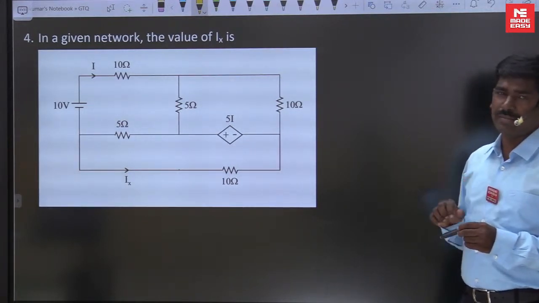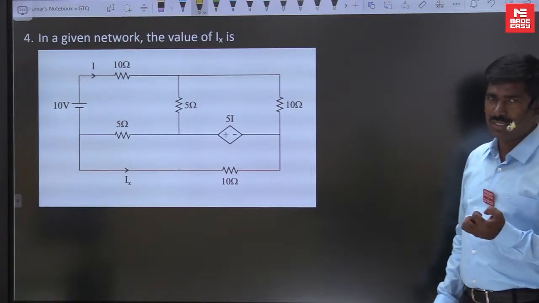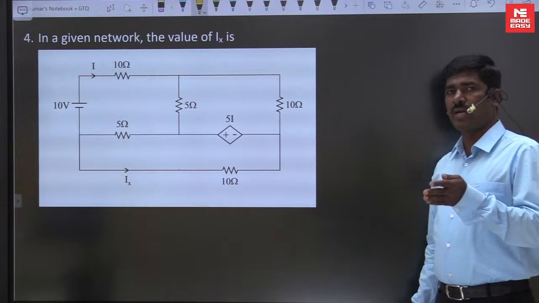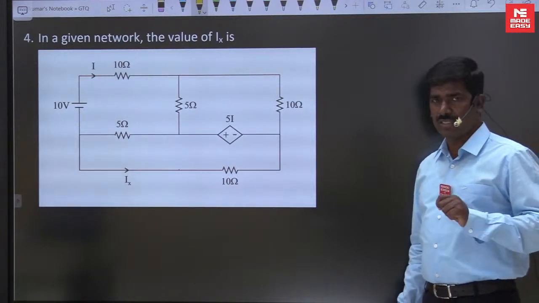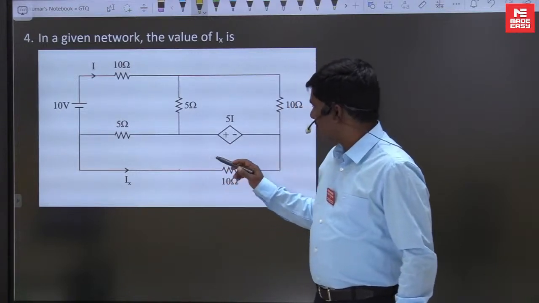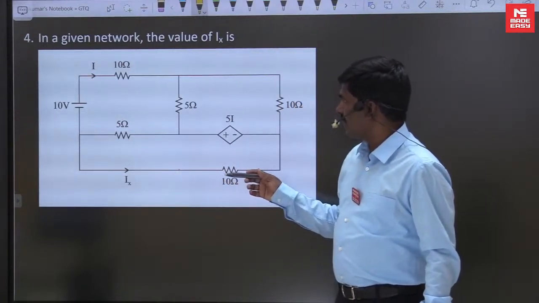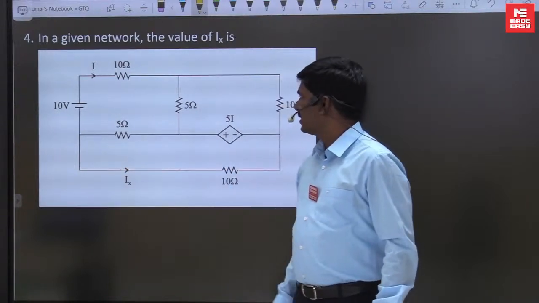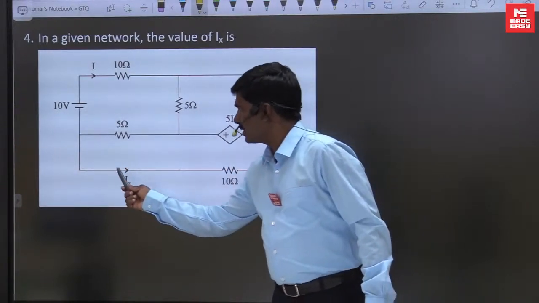This is also most important. Choose either nodal or mesh based on the number of equations. Here, if you write the equation with KCL, KVL, we will see whether it is possible or not. Here the dependent source 5I is there. How to find Ix?